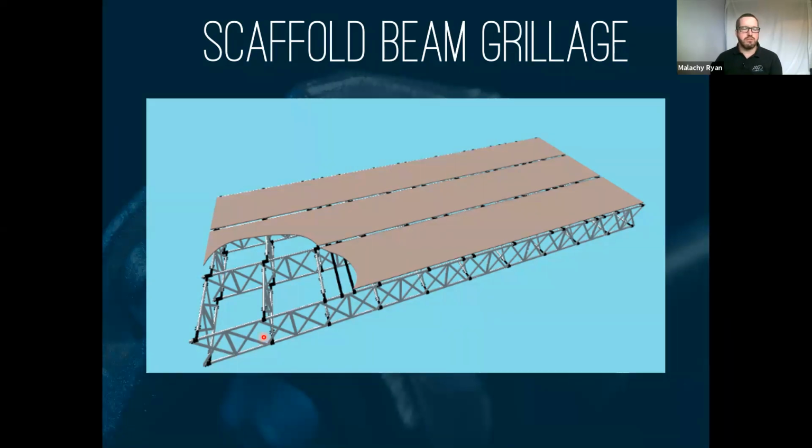Other beams are available, and it can be done in any kind of system you wish. But you've basically got scaffold beams spanning parallel to each other, typically at 1 to 2 meter centers. And then you've got another frame, or you can do it in scaff tube, bracing these primary platform members together, because they have to be restrained at 1 meter centers.